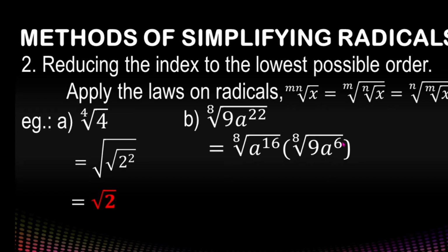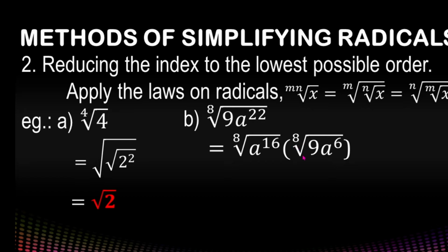of 9a raised to 6, note that 9 could be written as 3 squared. Since 6 and 8 has a common factor, and 9 could be written as 3 squared, so therefore 2, 6, and 8 has a common factor, so that means we can reduce our index 8 into its lowest possible order.